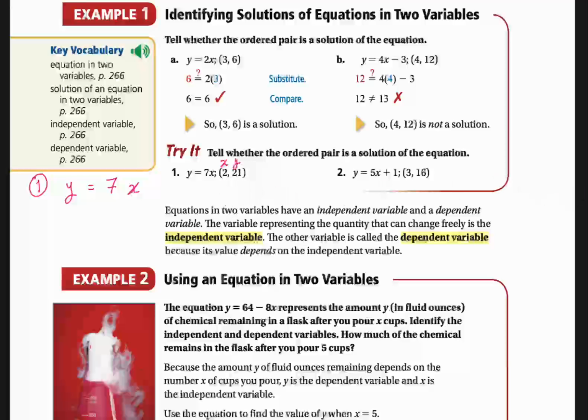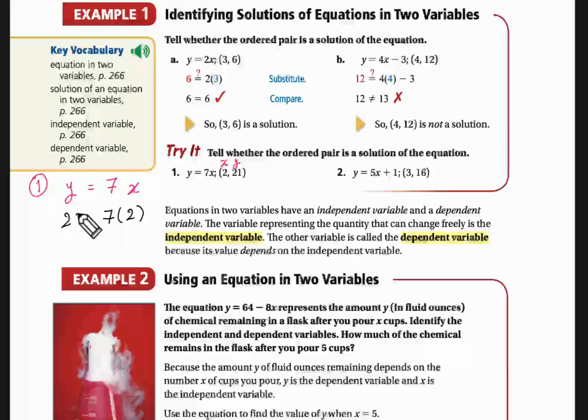Okay, let's substitute. 7x means 7 times x. What's the value for x? It's 2. And on the left side we have only y. What's the value for y? 21.